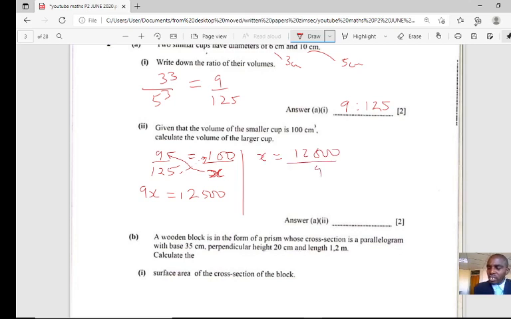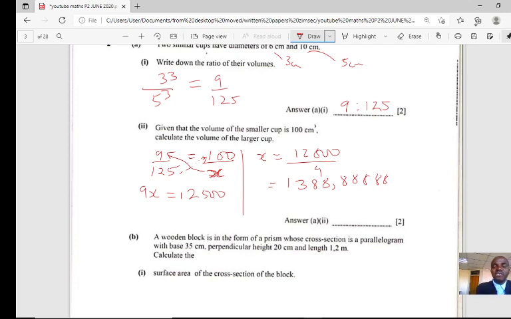Let's divide. 12,500 divided by 9. What do you get? There is a funny answer that I'm getting here: 1388.88888. So, from our instructions, please take note. If there are answers like this, what do you have to do? You have to round off to 3 significant figures.